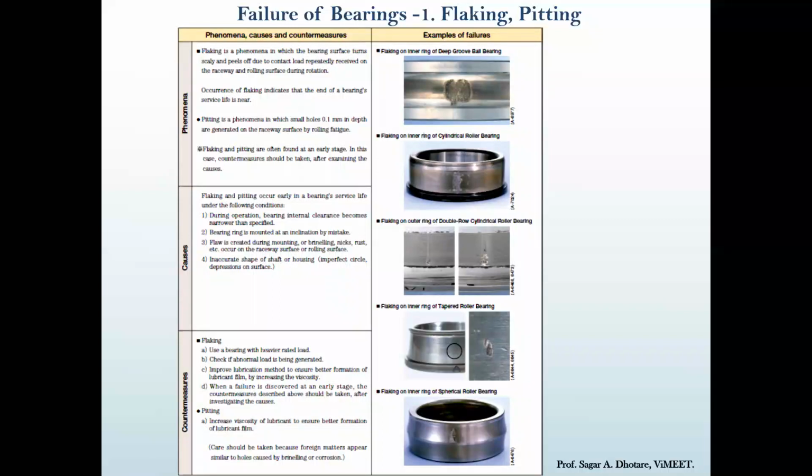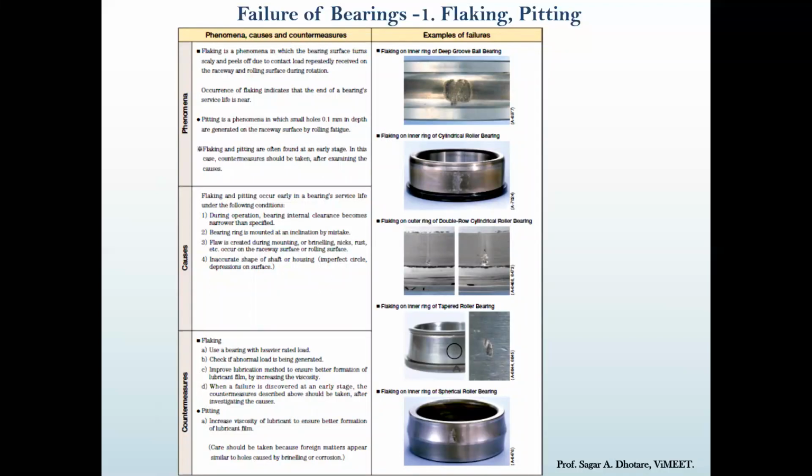deep groove ball bearing. Flaking is the phenomenon in which the bearing surface turns scaly and peels off due to the contact load repeatedly received on the raceway and rolling surface during rotation.